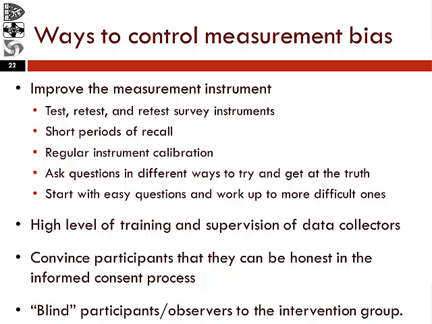Make sure you calibrate your instrument. So if you're in the clinic doing a study, make sure you check your tape measure for height. Make sure you check your scale for weight. Make sure all your measurement instruments are working well. You can ask questions in different ways to try and get at the truth. So how many times in the last week did you exercise?